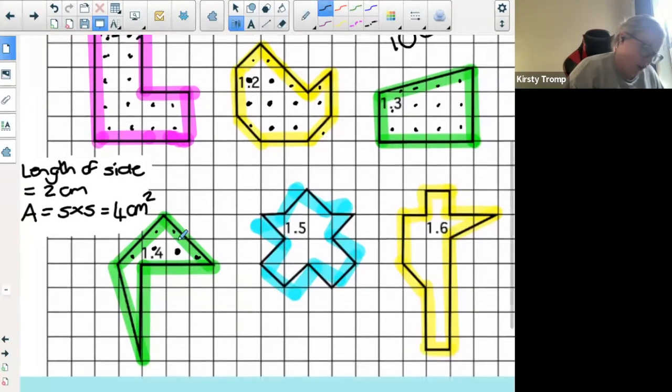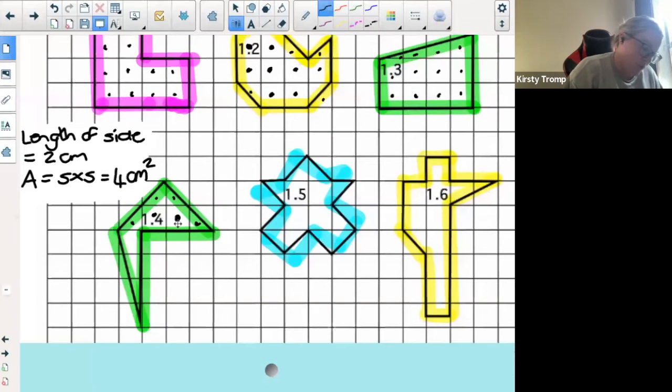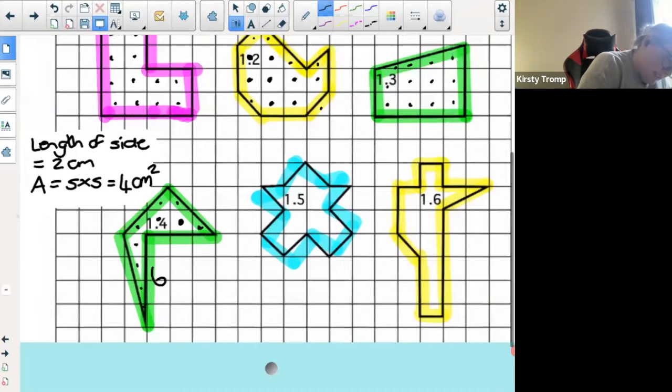Those are both halves, so I had 1, 2, 3, 4. Then looking at this shape over here, it's giving me 2 blocks because that's got a tiny bit in there. So 1, 2, 3, 4, 5, 6. What am I saying, guys?